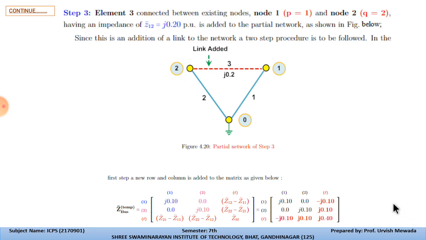the element 3 connected over here is the link branch, and the reactance of the line is j0.2. So node P is equal to 1, and node Q is equal to 2, having an impedance of Z12, that is j2.0 pu.